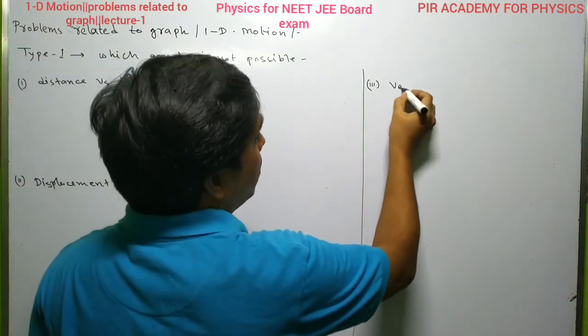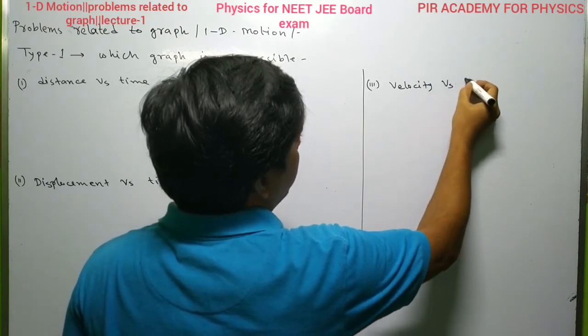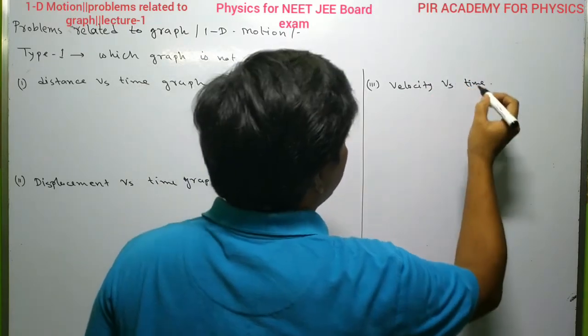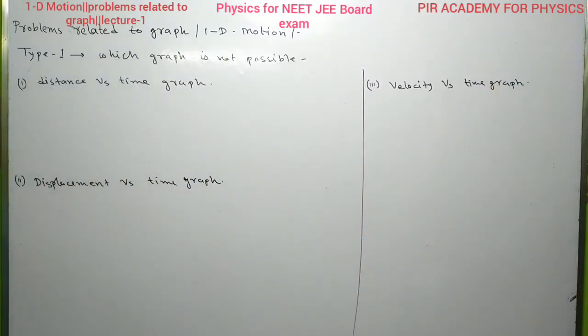That means velocity or speed versus time graph. These are the 3 types of graph. Now you have to know which graph is not possible.